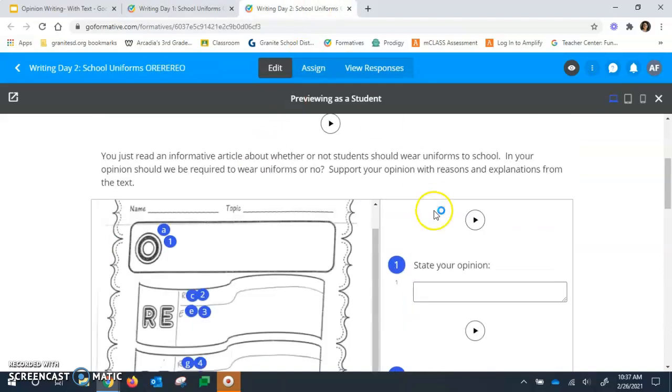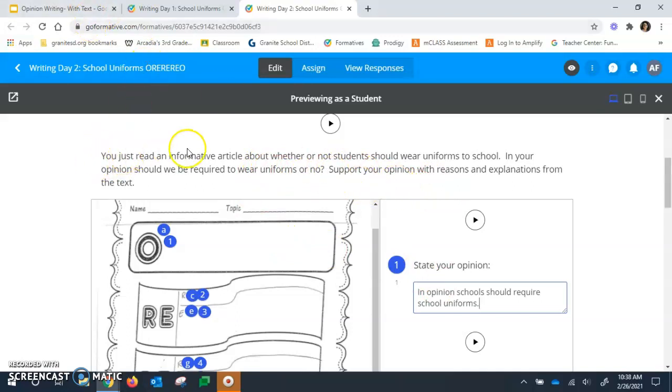So I'm going to state my opinion over here. Remember, state your opinion, make it very obvious. In my opinion, schools should require school uniforms. And I even forgot to mention our prompt here because our prompt is still important, but I kind of explained it here in our slides.